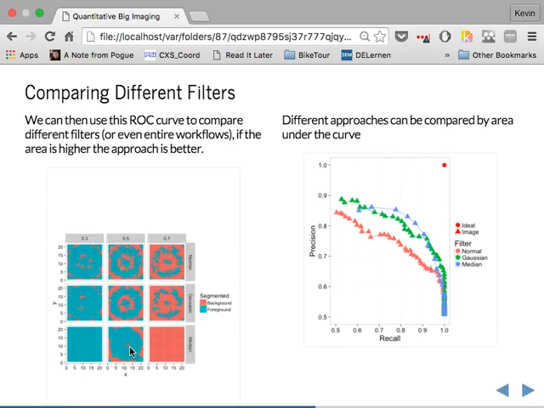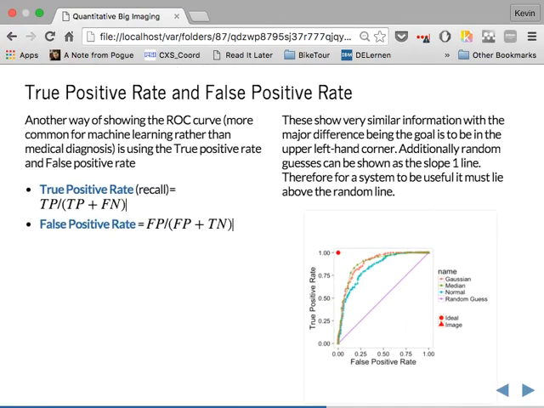If the middle needs to be empty, then you can weight those values differently. But ultimately, this gives you a very unbiased approach for counting pixels and assessing how well your classification worked on your image.